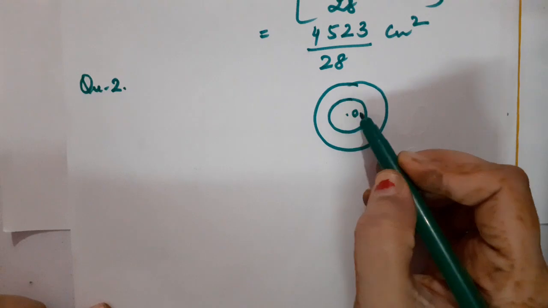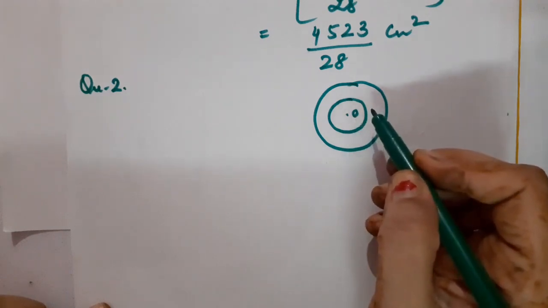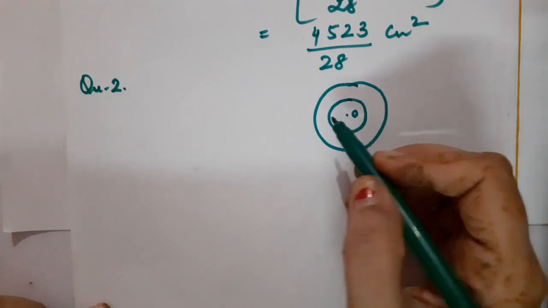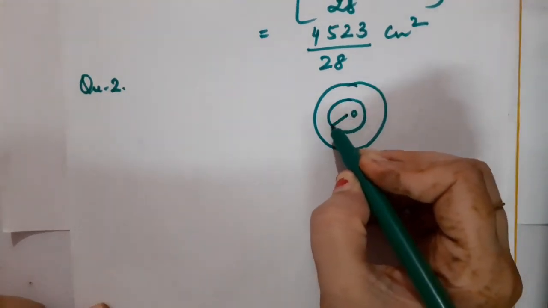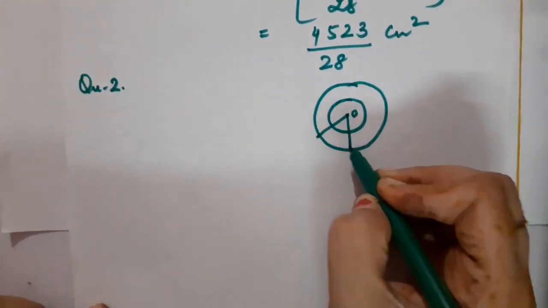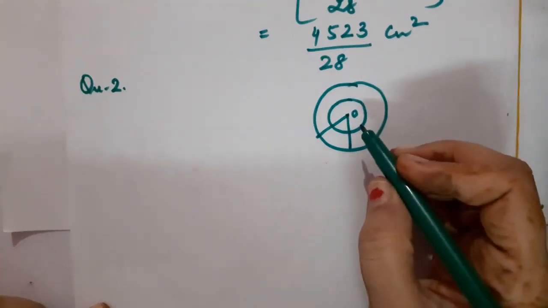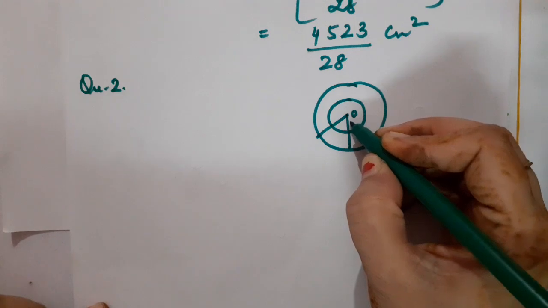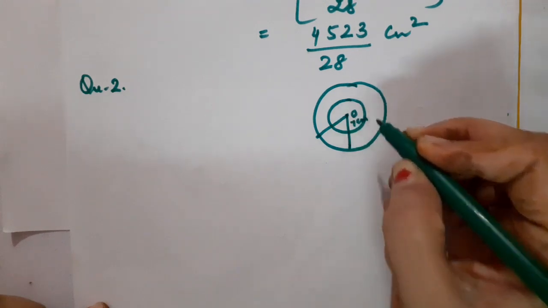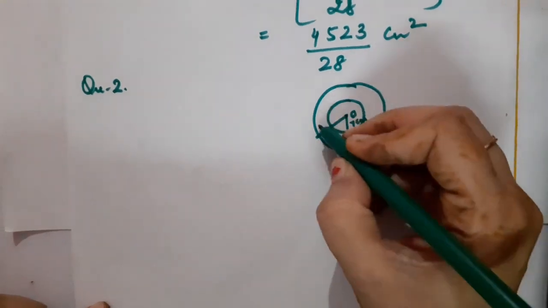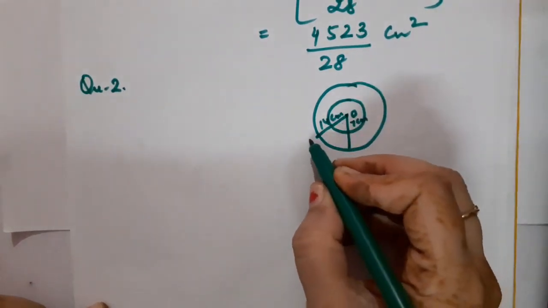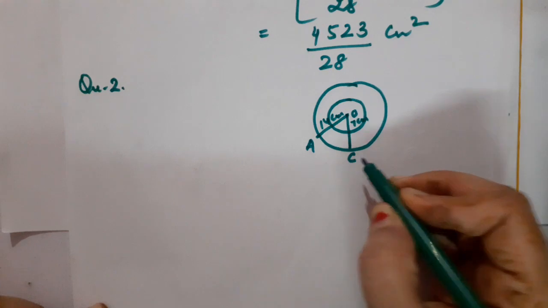If the radii of two concentric circles with center point O are 7 centimeter and 14 centimeter, respectively, here you can write this much as 7 centimeter, the smaller part, and this complete you can show as 14 centimeter. Correct?